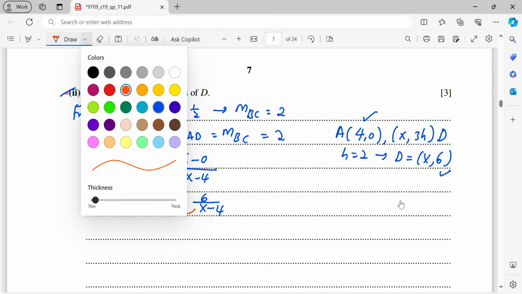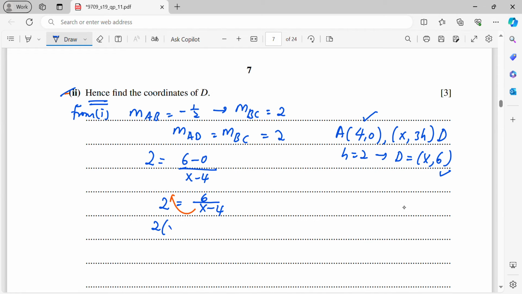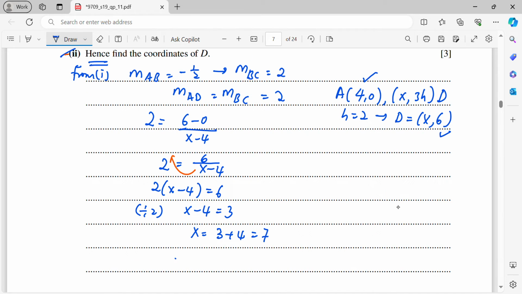Then here I will be getting 2 brackets x minus 4 equals to 6. Now you can divide by 2 first. So when I divide by 2, I will get x minus 4 equals to 3. Hence my x is 3 plus 4, which is 7. Then now with this, I will get my D as 7, 6. Okay, after you replace it into this coordinate.